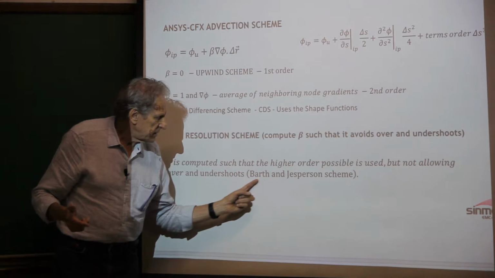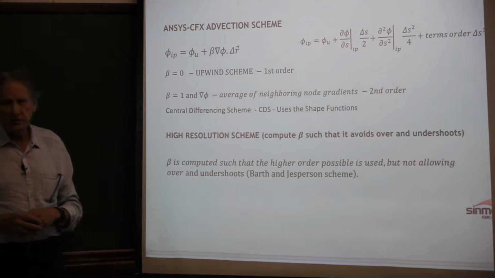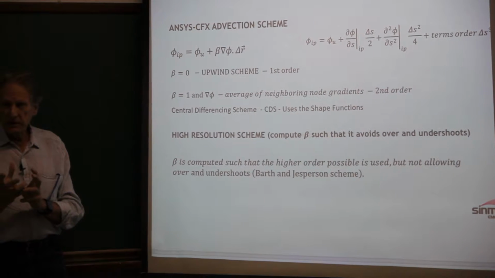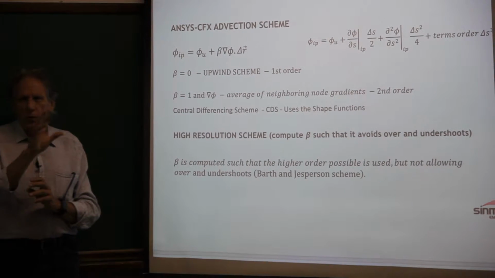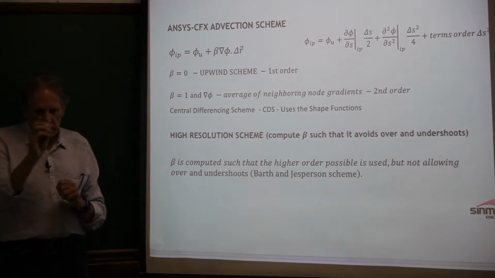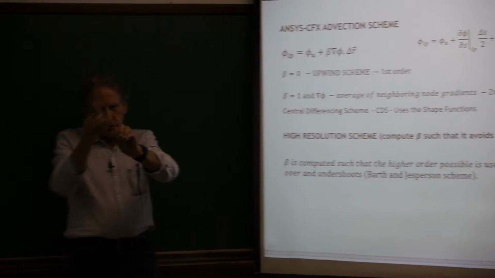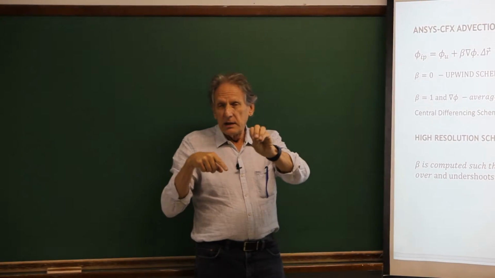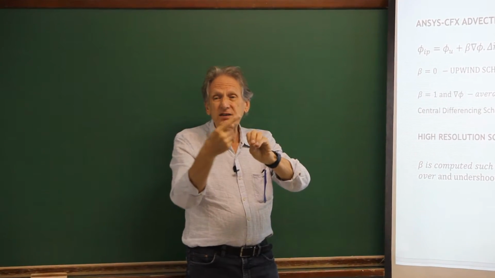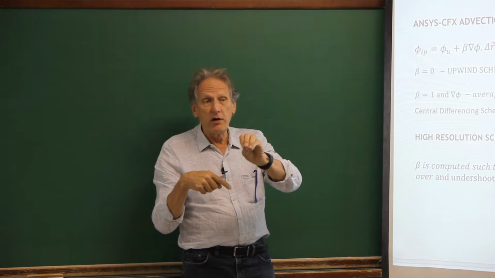This is a paper from Barth and Jesperson where they deal with this scheme. What they do, briefly, they calculated around the integration point in the nodes the maximum and the minimum value of the function.